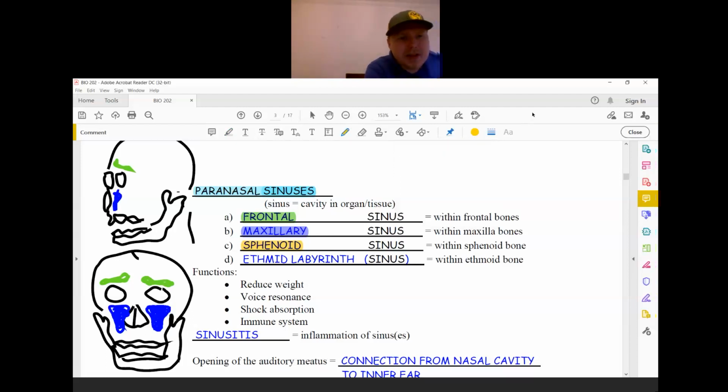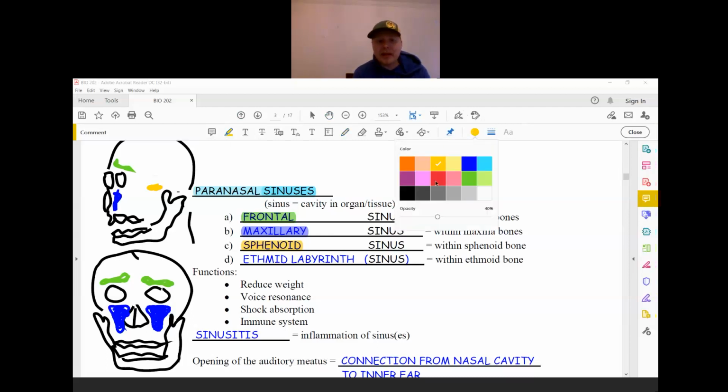So instead, we're just adding it to the side view, our sphenoid sinus. And finally, our ethmoid sinuses. Sometimes they are referred to also as an ethmoid labyrinth. I actually personally think that the ethmoid labyrinth makes a little bit more sense to me because it turns out that it's not just a single sinus.